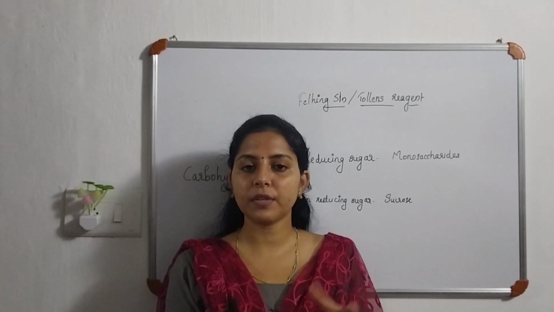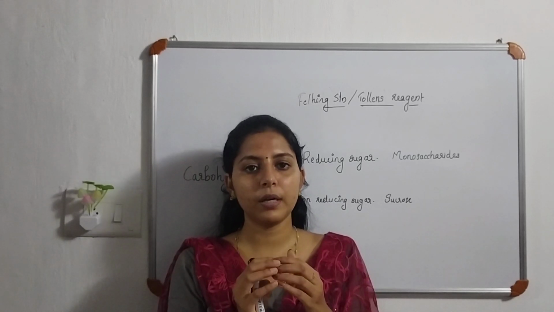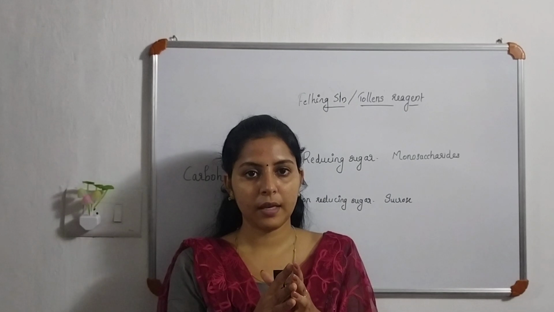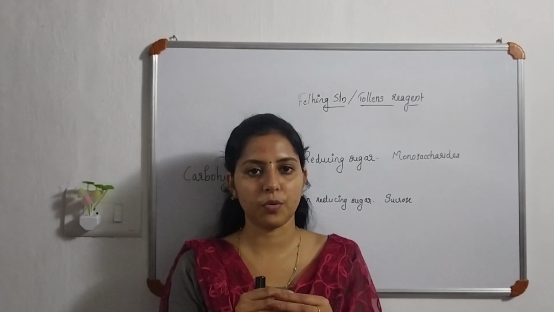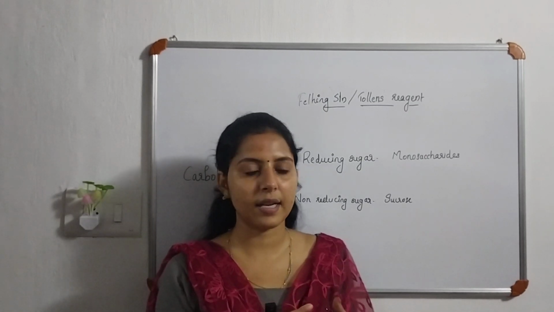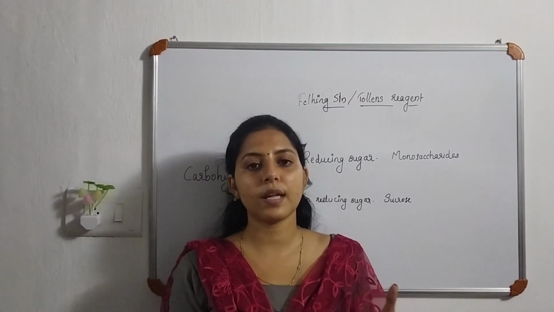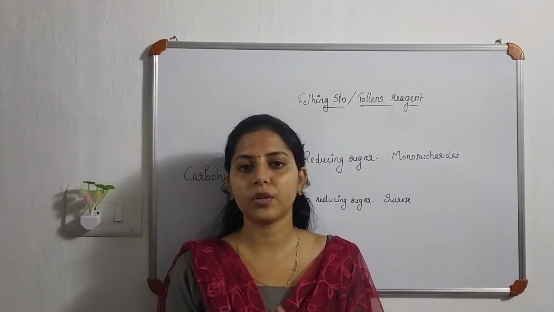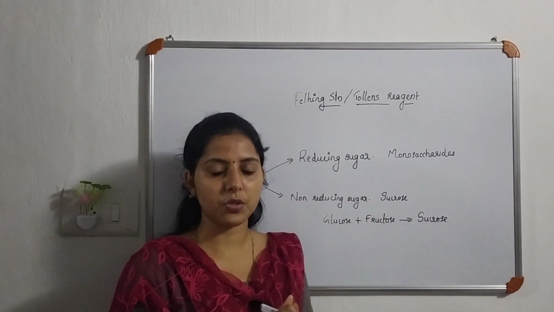On the combination of those units, the aldehydic or ketonic group may get bonded, which creates an unavailability of a free aldehyde or ketone group. So such disaccharides cannot reduce Fehling's solution and Tollens' reagent because they have no free aldehyde or ketone group. Sucrose is an excellent example of a non-reducing sugar.